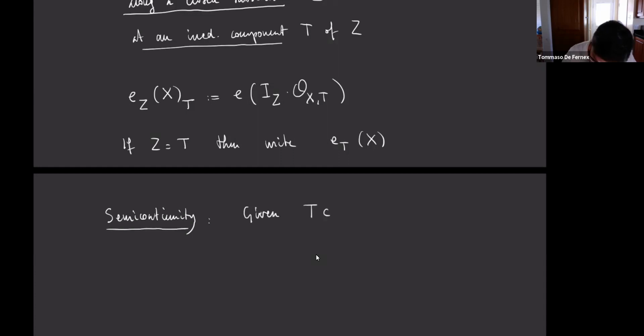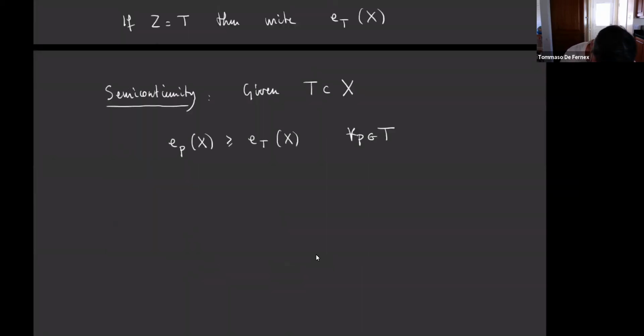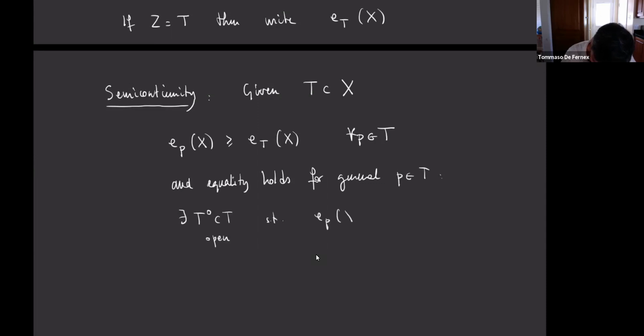Given T an irreducible subvariety inside a variety or scheme X, the multiplicity e_P(X) is always at least the multiplicity e_T(X) for every P inside T, and equality holds for general P inside T. This means there exists a non-empty open set T_0 inside T such that e_P(X) equals e_T(X) for every P inside T_0.